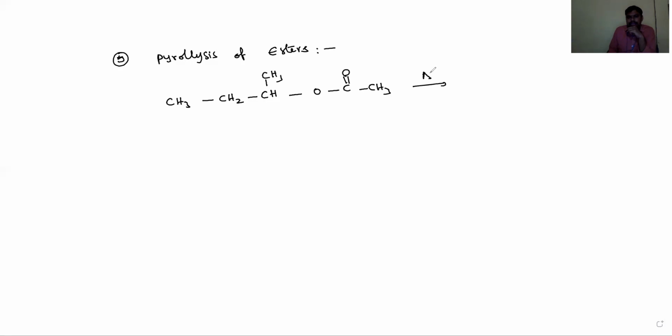This is heated. Dear students, this ester group will break and produce a secondary carbocation intermediate. This is the beta 1 carbon and this is the beta 2 carbon, so two different beta carbons are present. If you remove the hydrogen on the CH3 beta 1 carbon, you get but1ene.